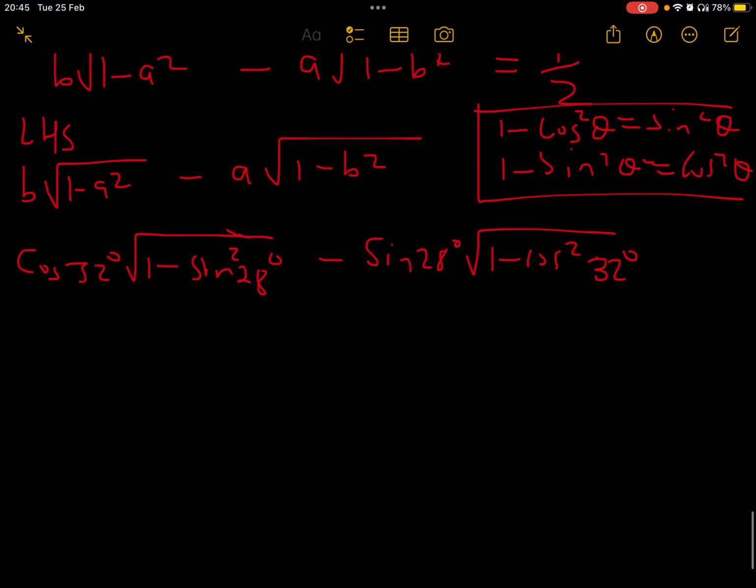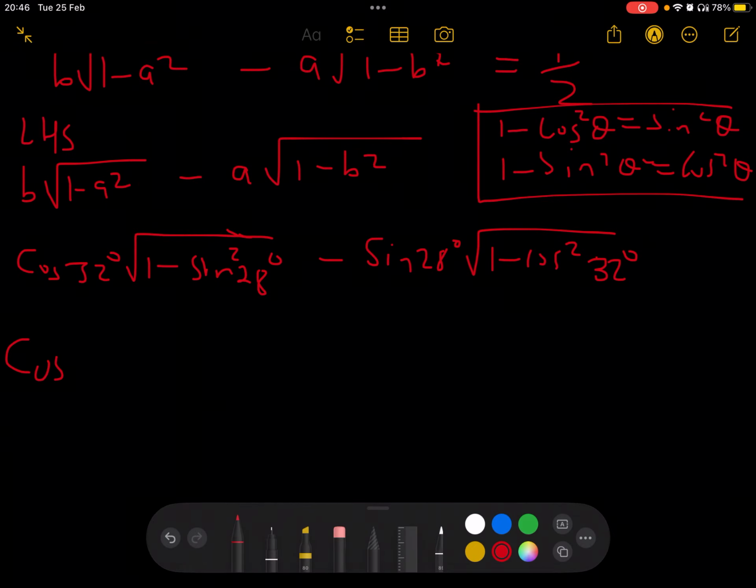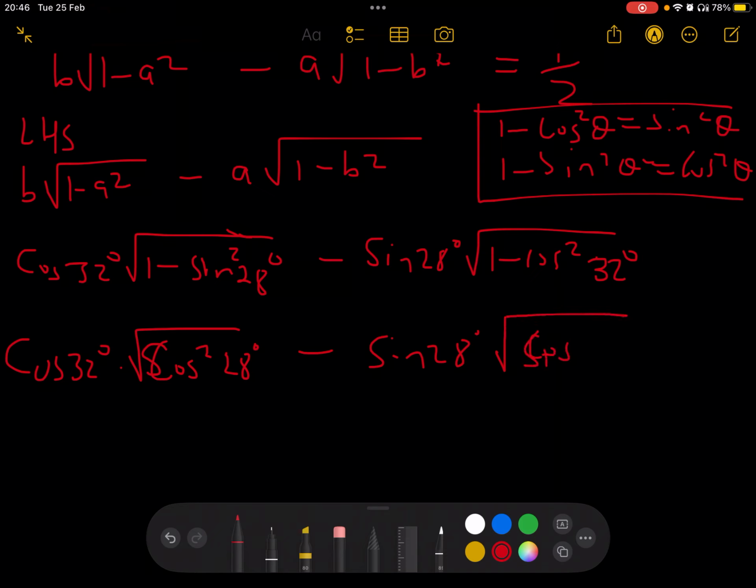This means we have cos 32 times the square root of cos squared 28 degrees, minus sine 28 degrees with the square root of sine squared 32 degrees, using that identity.